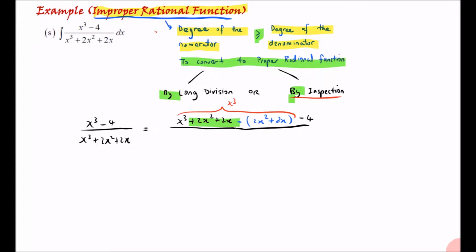Then we write down the denominator again: x cubed plus 2x squared plus 2x over x cubed plus 2x squared plus 2x.